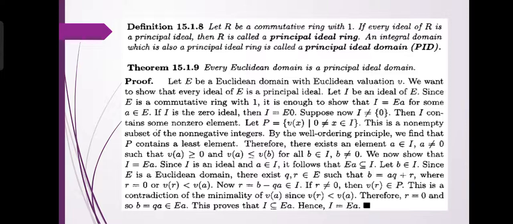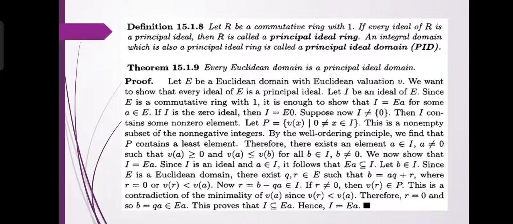Therefore, there exists an element A belonging to I, A not equal to 0, such that V(A) is less than or equal to V(B) for all B belonging to I, B not equal to 0. We now show that I is equal to EA. Since I is an ideal and A belongs to I, it follows that EA is a subset of I.